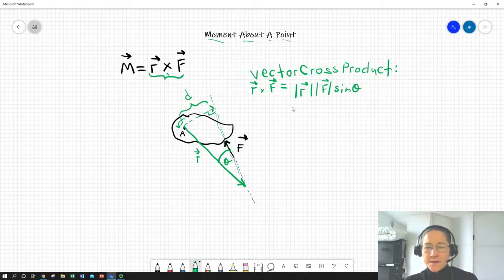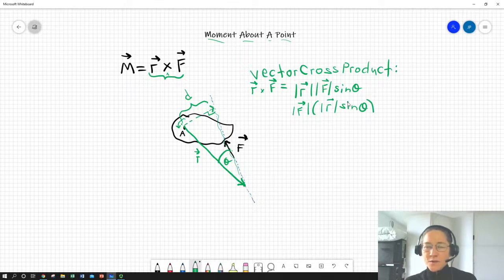So one of the things that the cross product did for us is, if we want to rearrange the terms over here, it basically took the portion of our radius vector that was perpendicular to the line of action of force and created it for us.